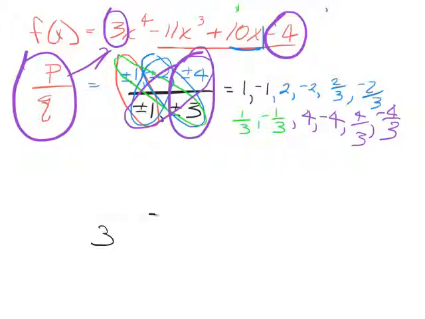This is where things are going to get a little bit easier, but hopefully not tricky. So let's try negative 1. And again, we have 3, negative 11, 0, 10, negative 4.